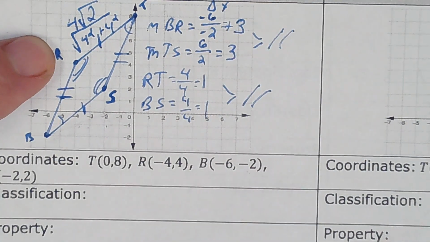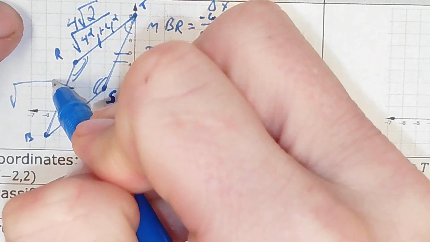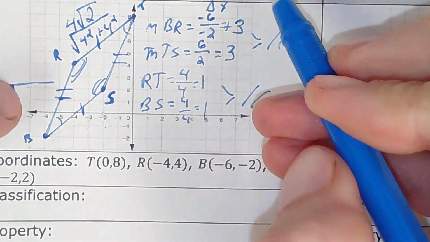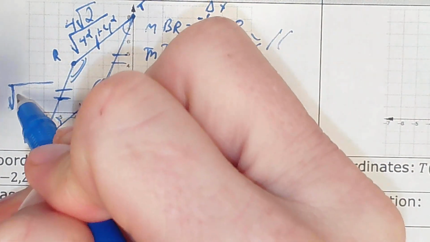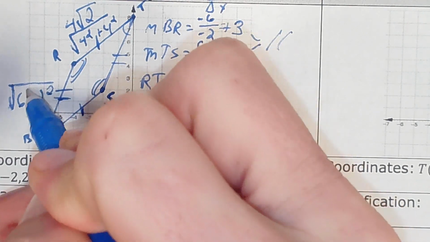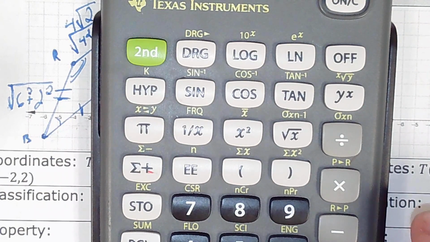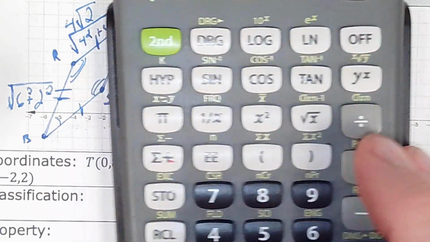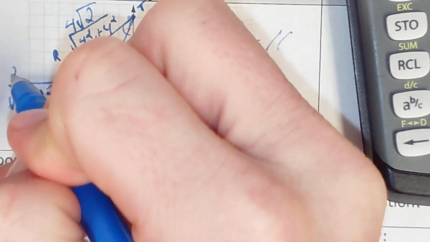Okay, all right, so then what is the length of RB? Well, my change in y for BR was 6, and my change in x was 2. Both of those are squared. So 6 squared plus 2 squared equals 40. The square root of that is 2 square root of 10.